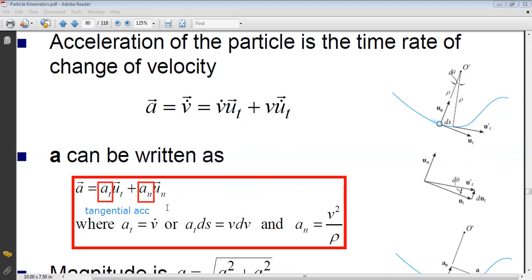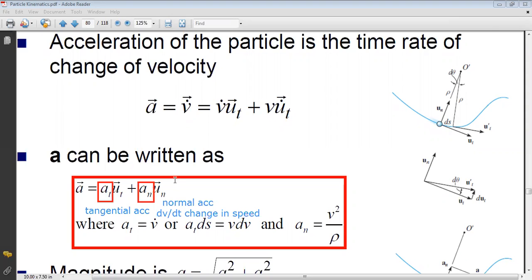We have that at is given by dv by dt. So the tangential acceleration, dv by dt, represents the change in speed.